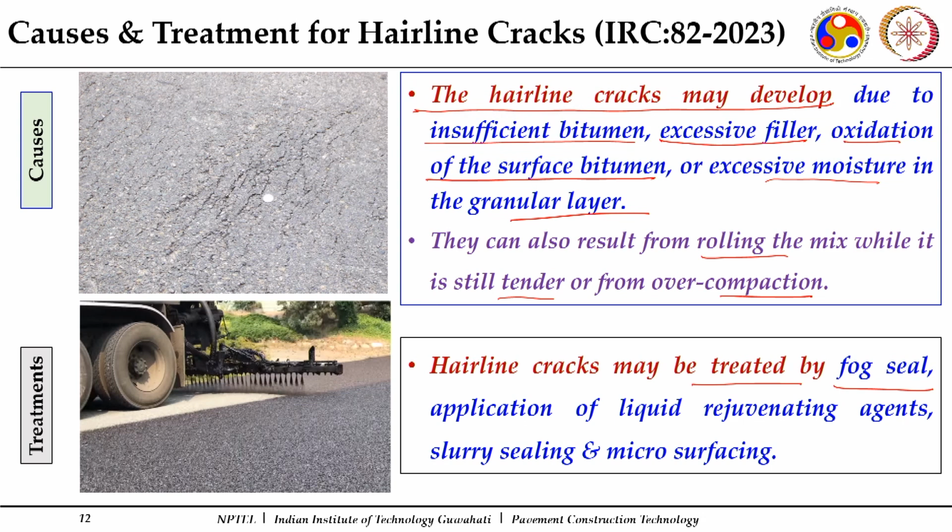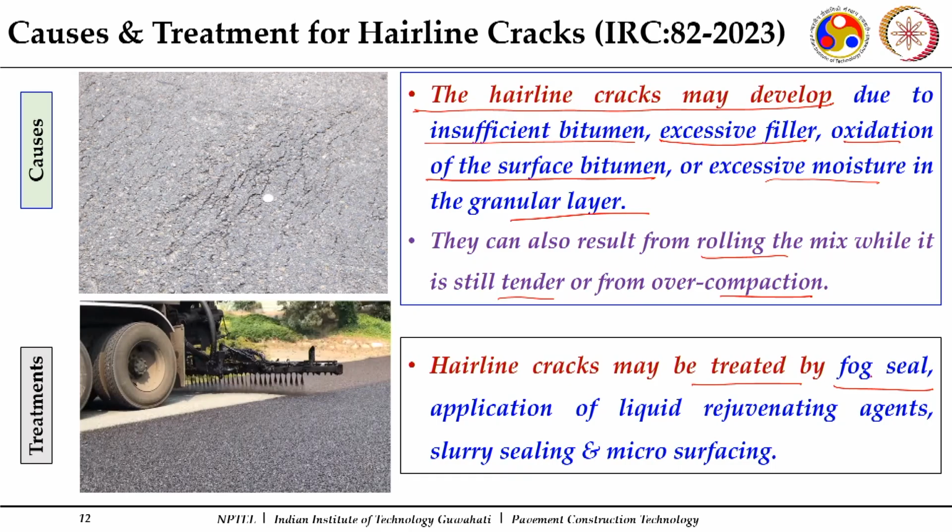Many of these hairline cracks, fine cracks, even get closed up when warm weather is there, but otherwise it is always preferred that we seal these cracks by applying a fog seal, or other liquid regenerating agents, and other surface treatments may be in the form of slurry seals or microsurfacing to address these hairline cracks, but they should not be left untreated.